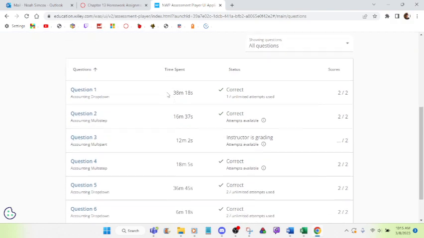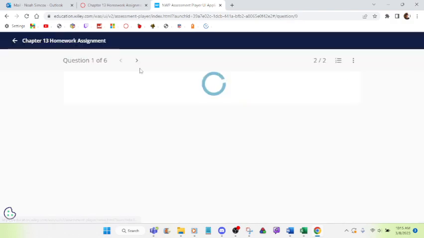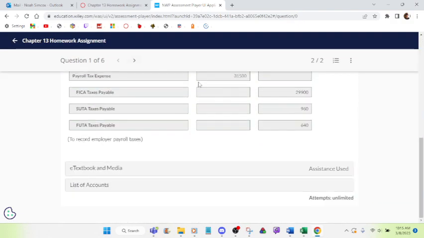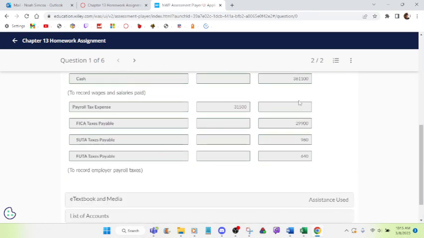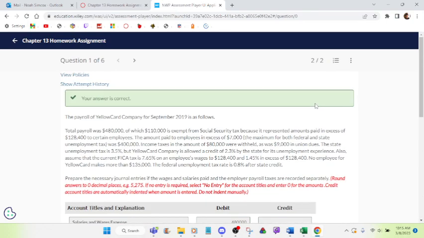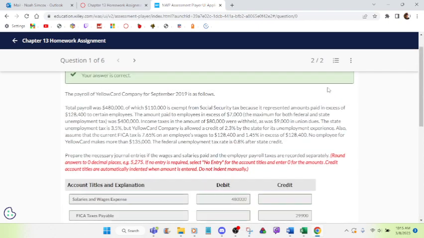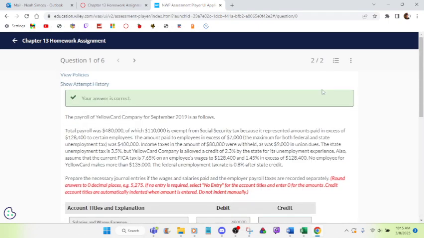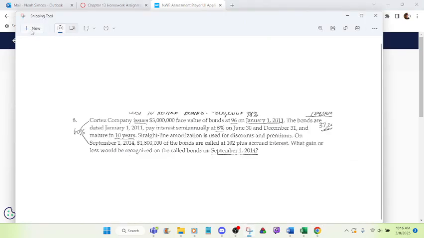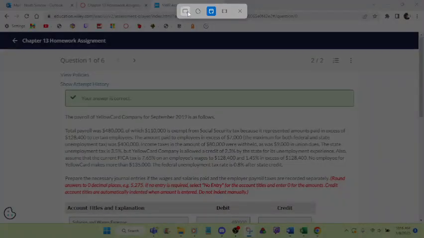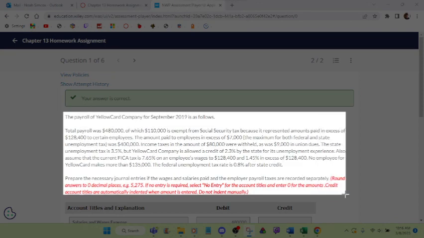I'll just redo this whole homework assignment pretty much. It already tells you the answers, dude, so it's hard to redo the question. Well, not exactly. What I could do is do this. Oh, come on. Stop showing me the answer.